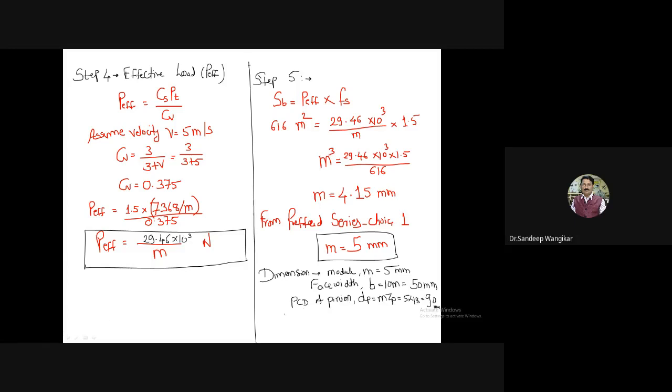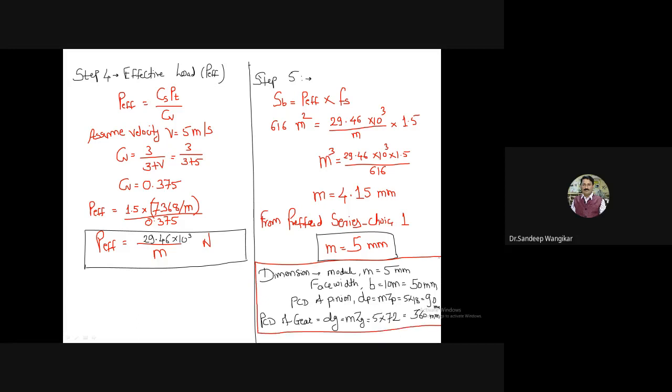Then next, I will say PCD of gear is equal to DG, which is M ZG, 5 into 72, is equal to 360 millimeters. So if you compare this, these are all the dimensions.